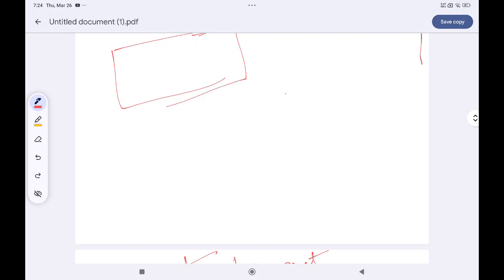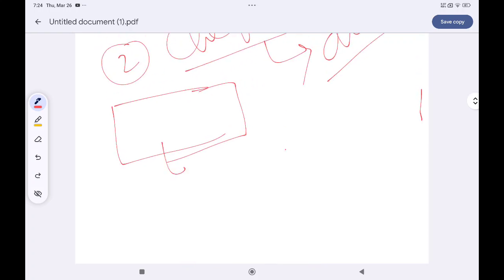Generally, what kind of cheque do we use? Like, there is a person A. A writes a cheque for 1 lakh rupees so that B can receive it.